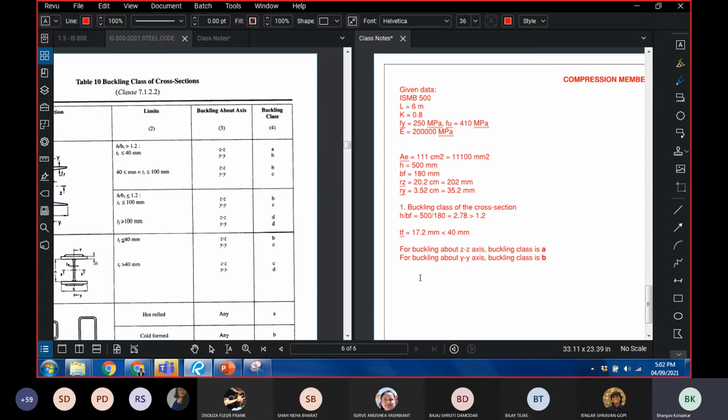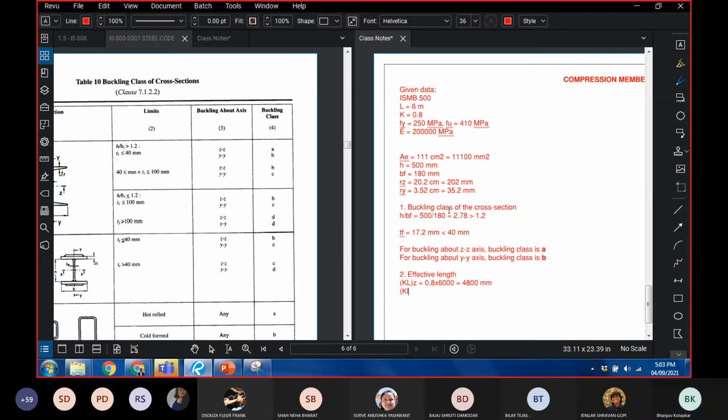The second step is to find out the effective length. Here the factor K is 0.8. Therefore, the effective length about the Z-axis is equal to 0.8 times 6 meters, or 6000 mm, which is equal to 4800 mm.